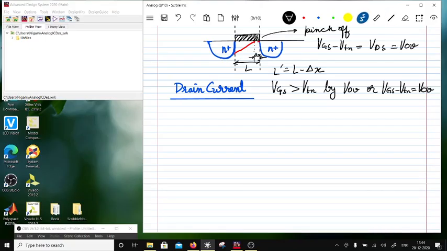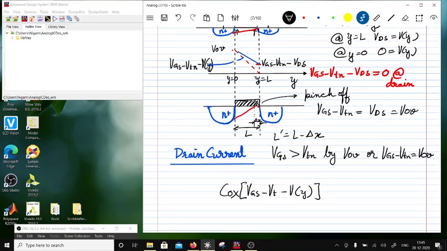Okay, so to derive this, we know that the charge in the channel is given by, I'm going to ignore all the signs, simply COX times VGS minus VT minus VY. So this is the charge. Okay, and then if I consider a dimension which is going into the paper, basically we can draw this in 3D like this.